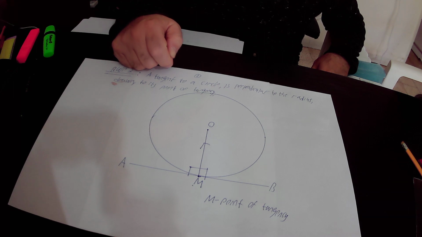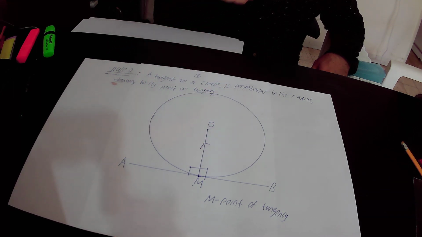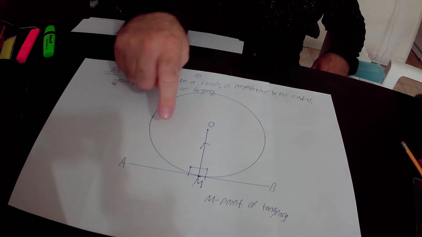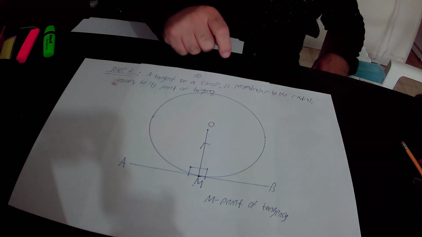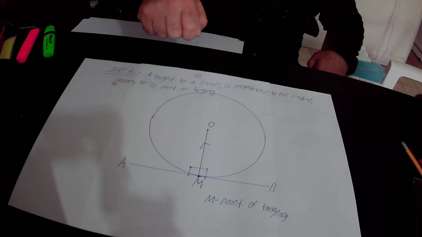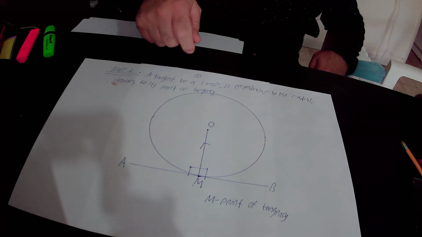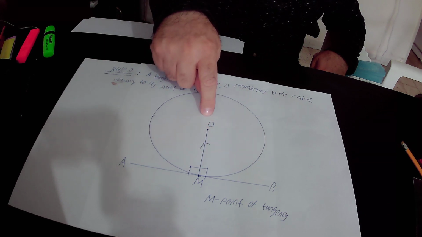So here we have the radius OM, it is drawn to the point of tangency. That is to say, it is drawn to point M, the point of tangency of tangent AB with this circle. Therefore, whenever we have a radius that is drawn to the point of tangency, then the tangent AB will be perpendicular to MO, the radius.